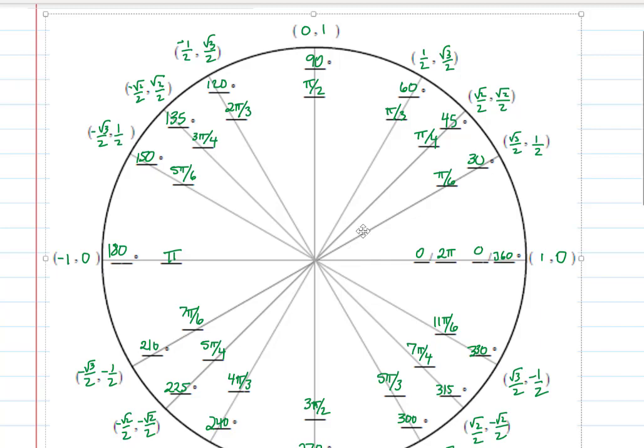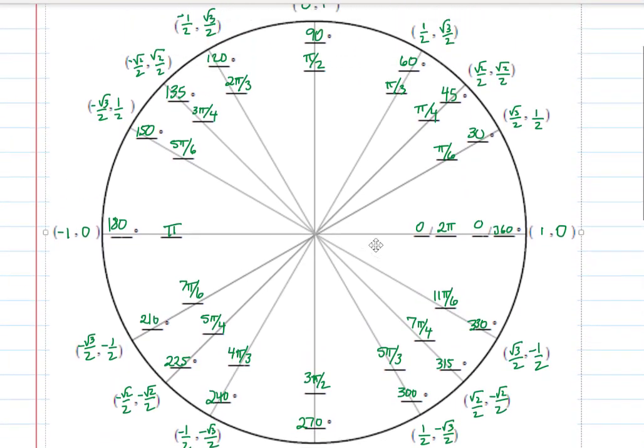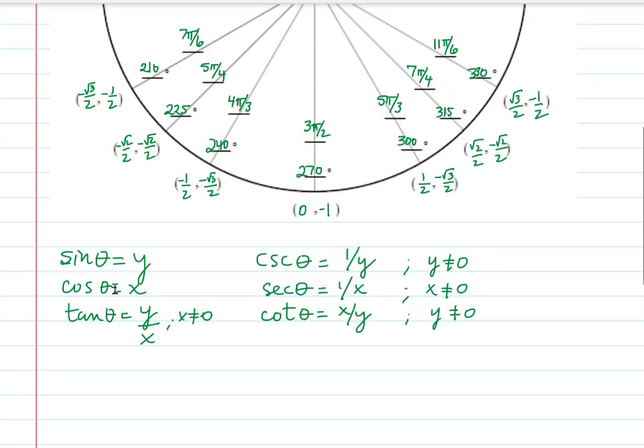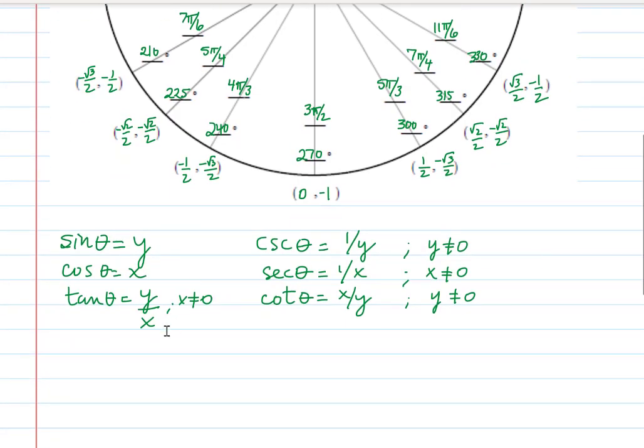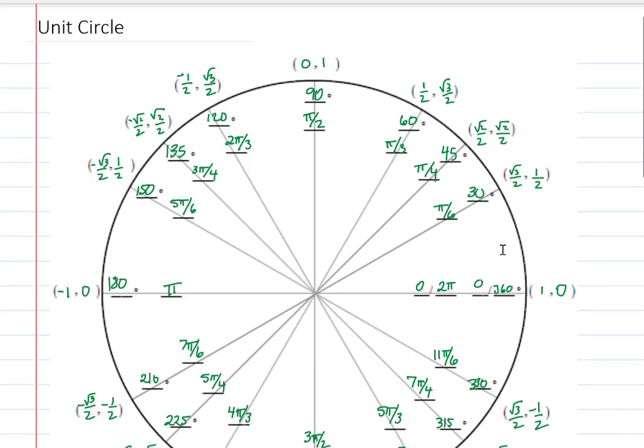So make sure you practice filling in this circle, and also make sure you now know the abbreviated form of the trig functions, now that we don't have to deal with the r, since r is 1. Also make sure that these denominators here are not 0, otherwise you'll get undefined. The trig function will be undefined.